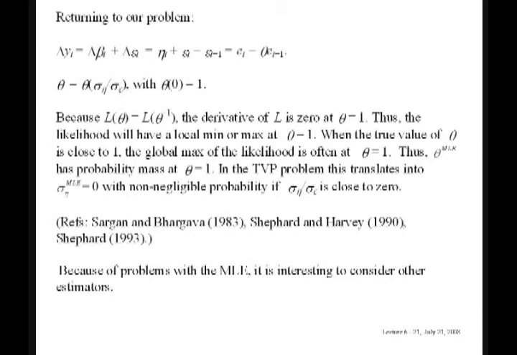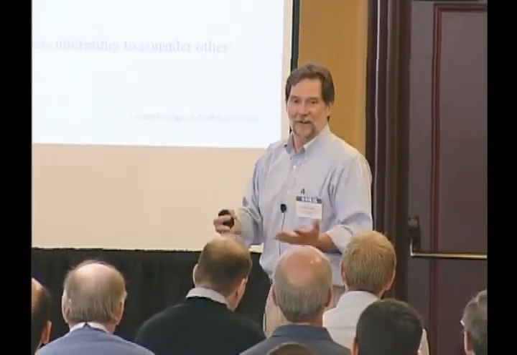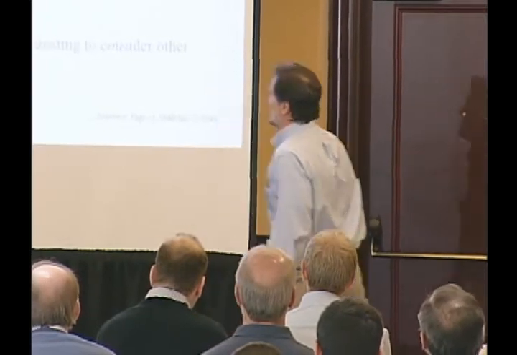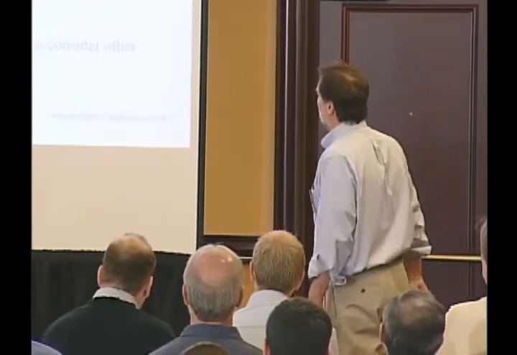So this means that in models like this, there's a finite probability mass that the maximum likelihood estimator is going to be exactly 1. And as the true value of theta gets closer to 1, that probability gets higher and higher. Okay, and this is studied in these papers. There's other papers as well.